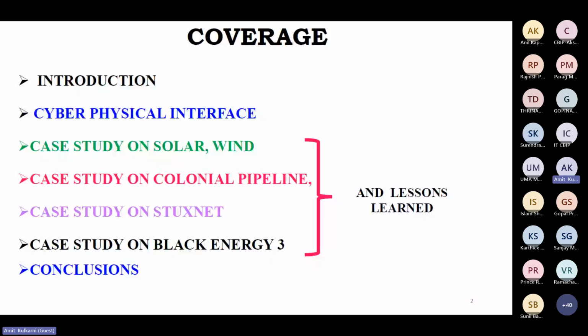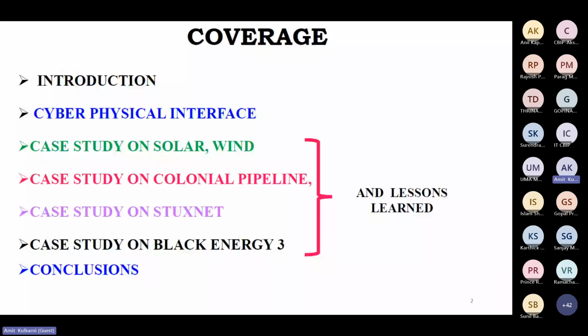Though it is not power system related, the mechanism of how it worked and what happened is important to know because this scale of attack had a lot of complexity. For our power sector as well, we need to understand what exactly that is. So we will focus on the case study on Colonial Pipeline, which was asked to be considered.